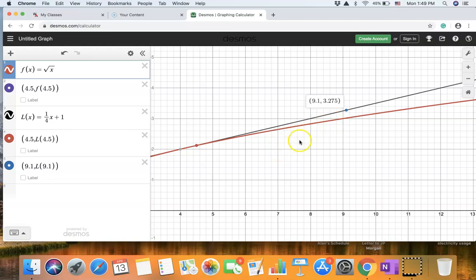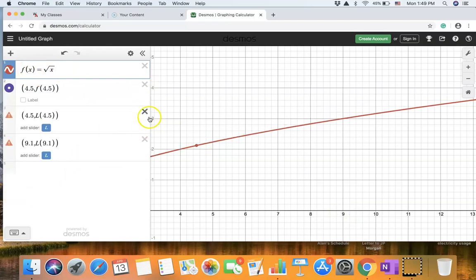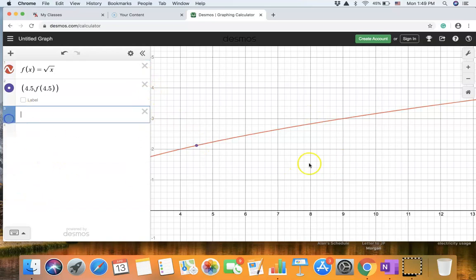So in this problem, we want to set up a different straight line, and this time the point we want to use is when x equals 9. Why? Because 9 is close to 9.1, and the second reason is we know what the square root of 9 equals. So this time, I'm going to start with a new straight line.